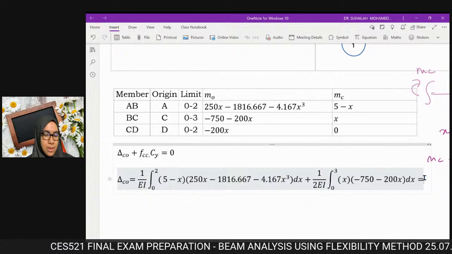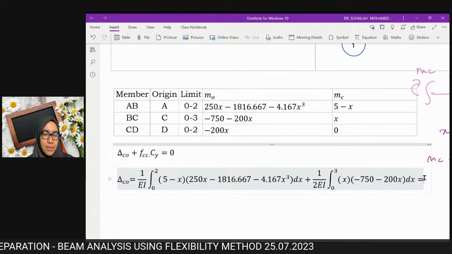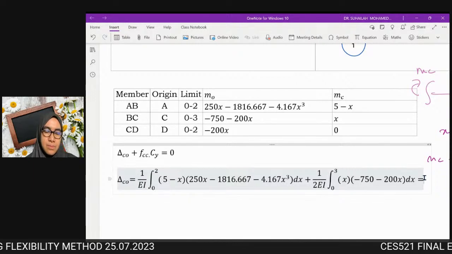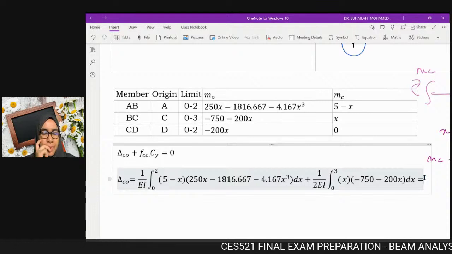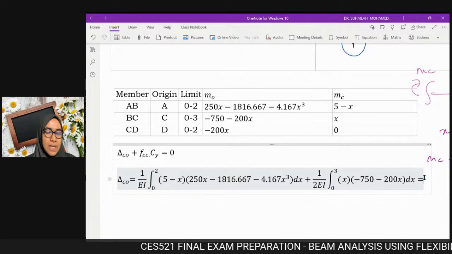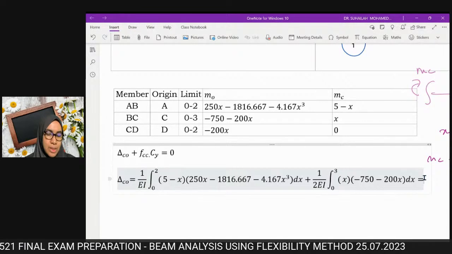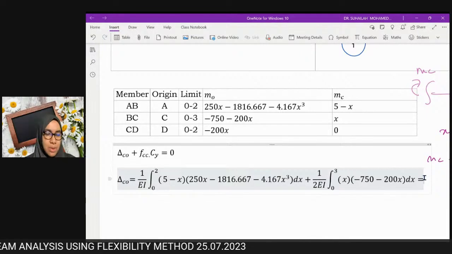The first one is negative 12590. So we have to add another one.